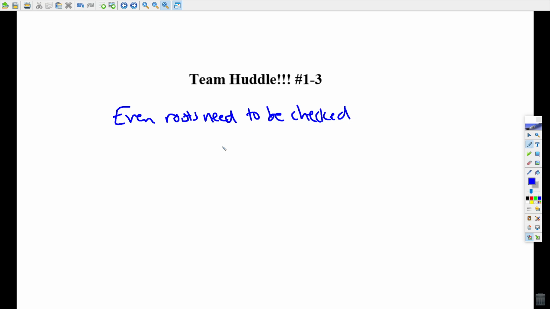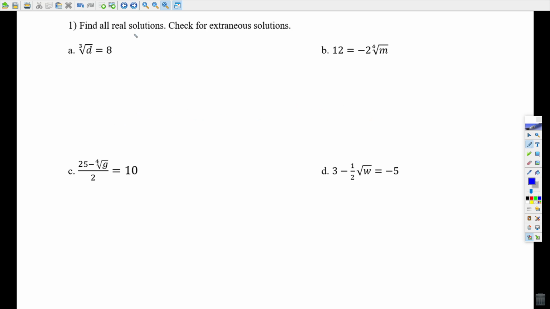But we're going to practice going through the problems and seeing whenever you check it if you get the same answer, assuming that you're doing everything right in between. So even roots need to be checked. When you do these, it says check for extraneous solutions. For the most part, we'll be okay with odd roots. So the ones that need to be checked in this one specifically are B, C, and D.